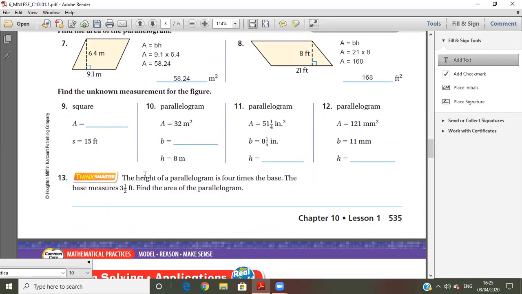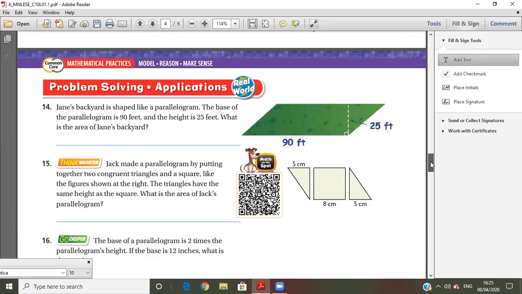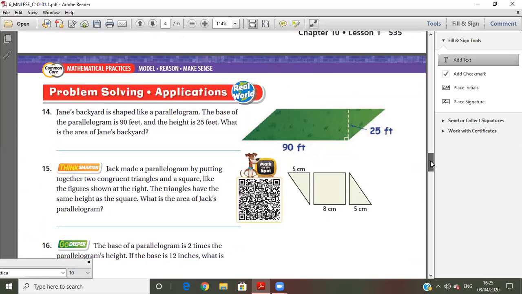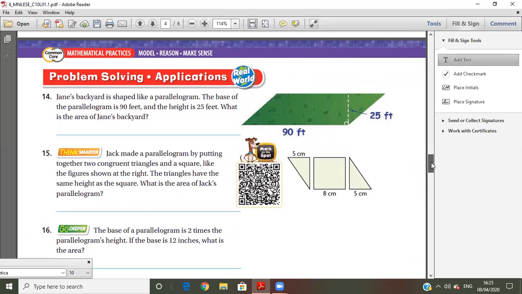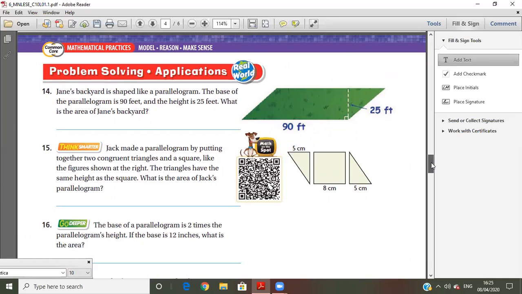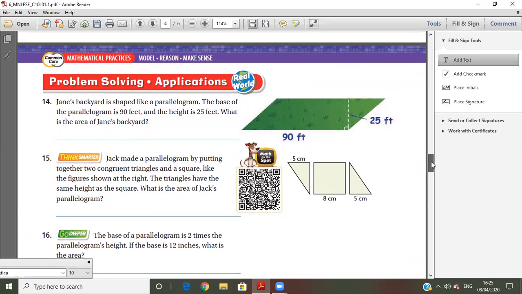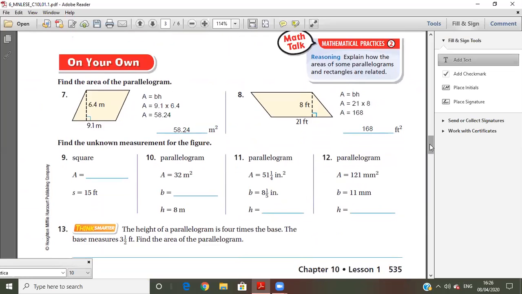Question number 9. Okay, done. Let's find out the answer.